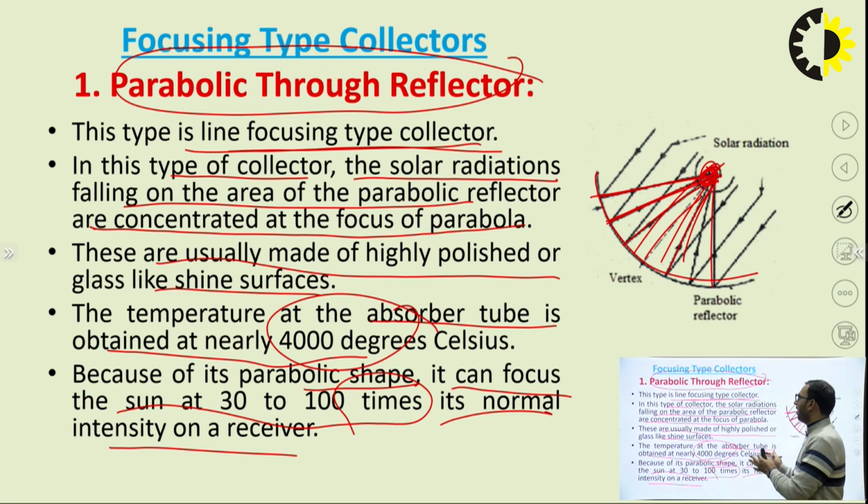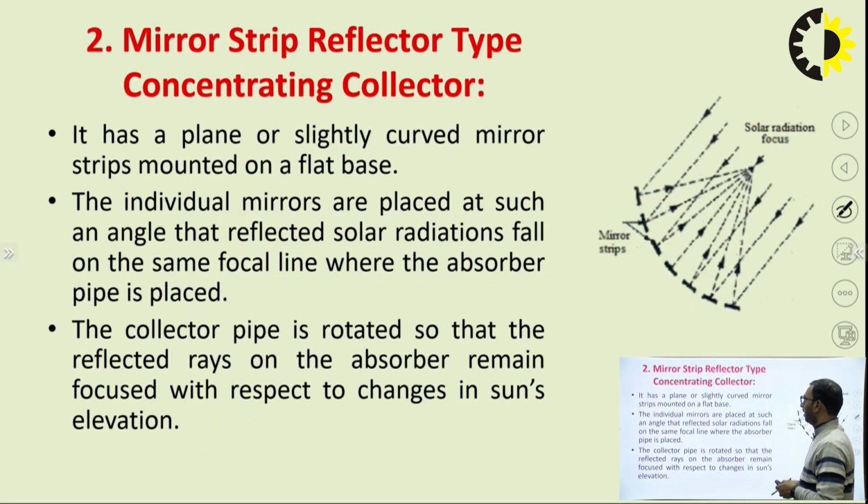So with the help of a parabolic trough reflector, we can concentrate the whole radiation at one point, which is called the focus of the parabola, and with this type of concentrator we can achieve a temperature of 4000 degrees Celsius.